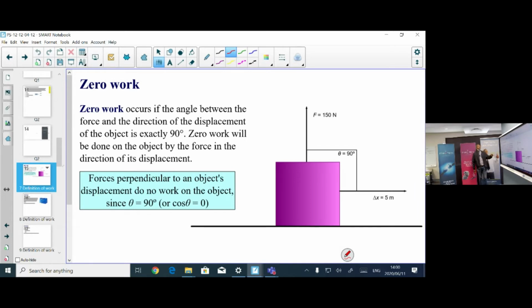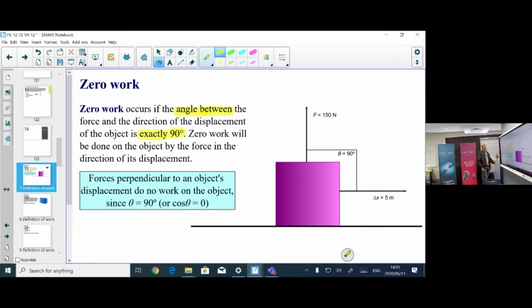Zero work occurs if the angle between the force and the direction of the displacement of the object is exactly 90. If it's exactly 90, you know that you are not going to get any work.